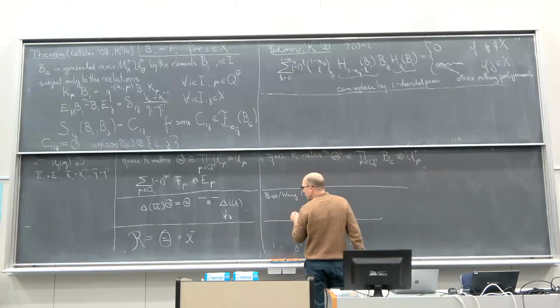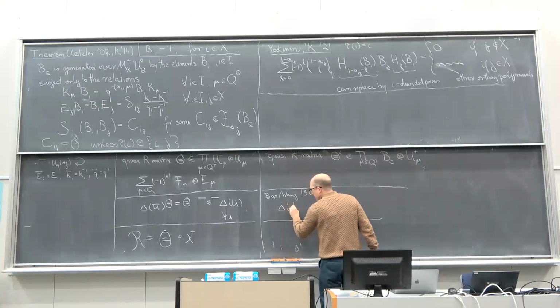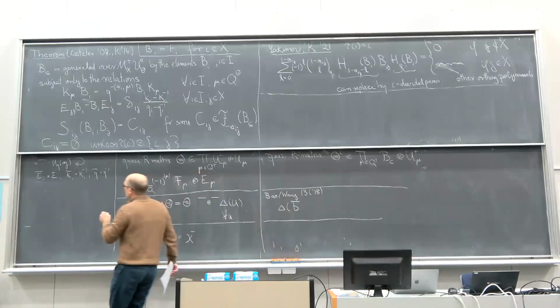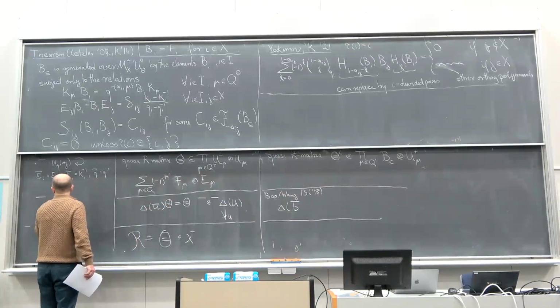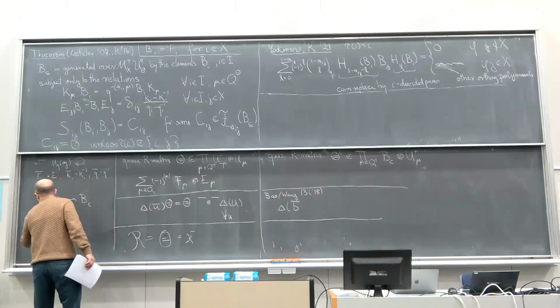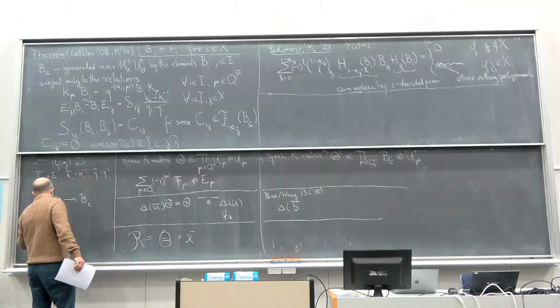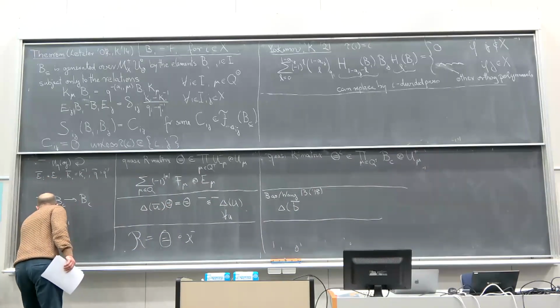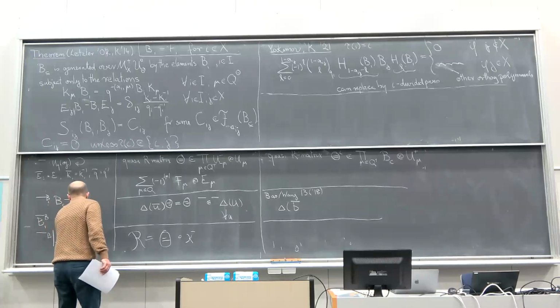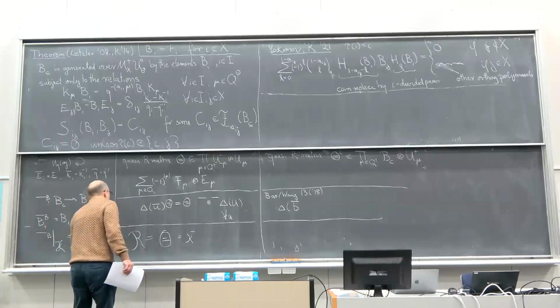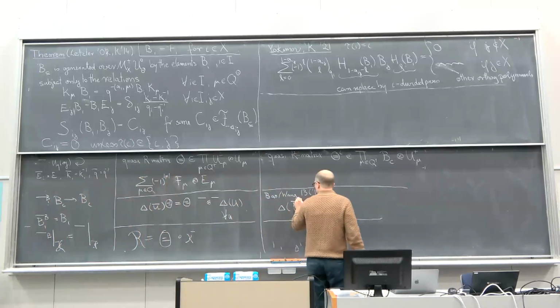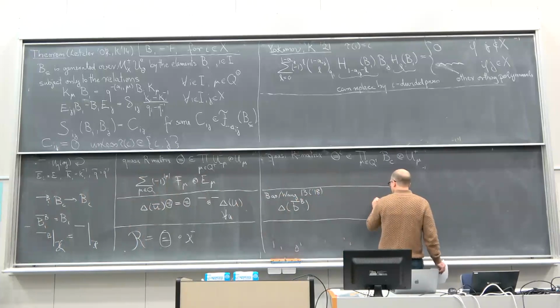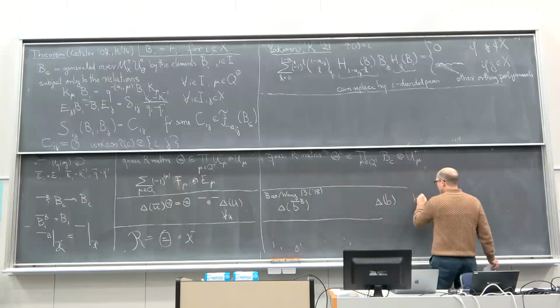They said, well, we'd like this thing to intertwine between Delta of B bar. Okay, so we want a bar involution on B_C, which I call Delta_B, which satisfies Delta_B of B_i is B_i, and Delta_B restricted to this subalgebra H is just the usual bar involution restricted to H. So I want to look at this, and on the other hand, I can look at Delta_B for B in B_C.